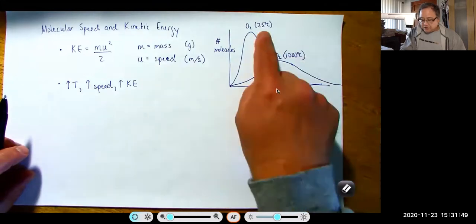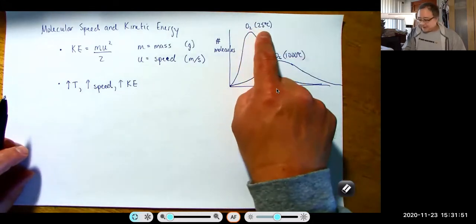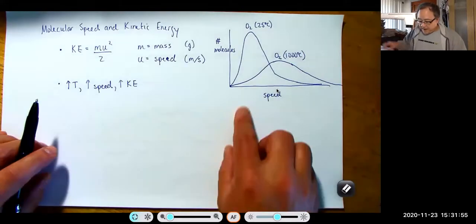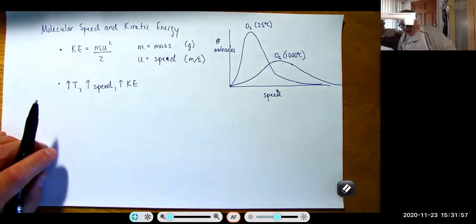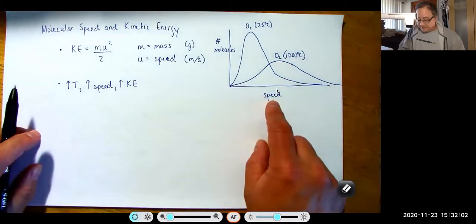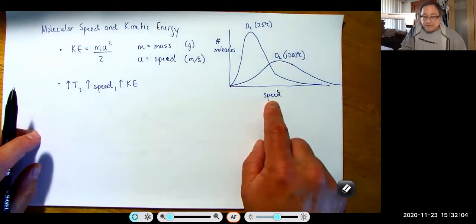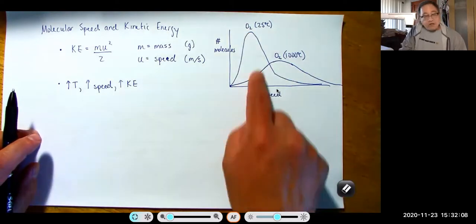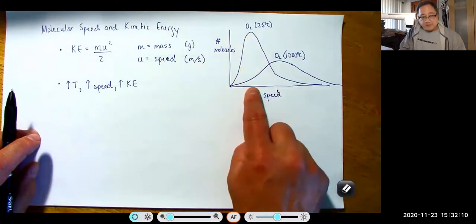If you look at O2 at 25 degrees Celsius, we have on the y-axis the number of molecules, and on the x-axis the speed. When we have O2 at 25 degrees Celsius, you can see that there are a whole lot of molecules with a very small speed.